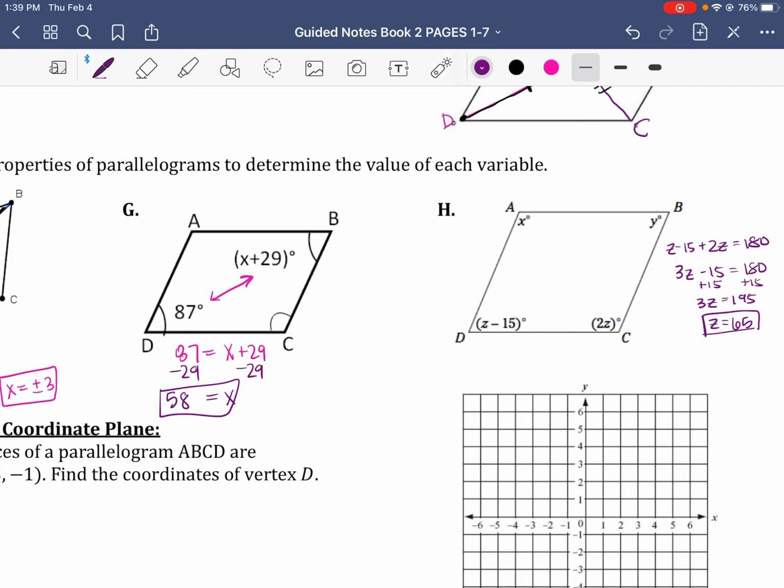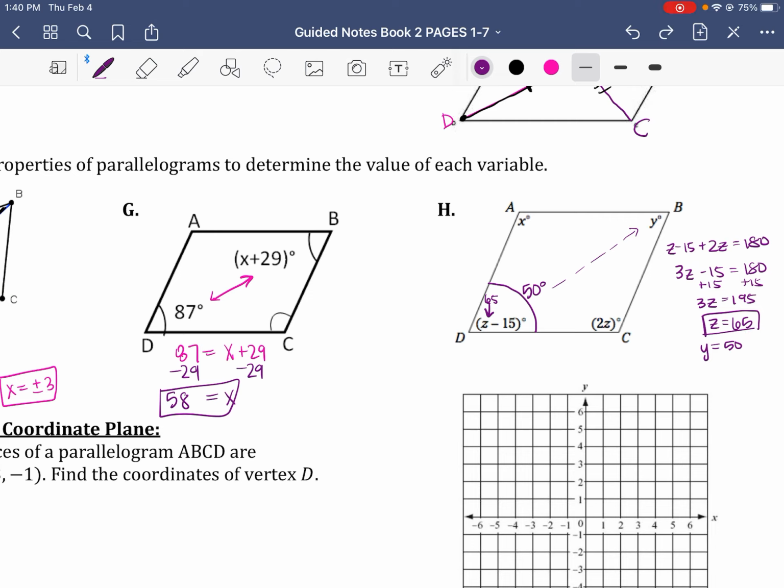Now it's very tempting to just say, okay, well, that one's 65, so then the opposite one's 65. But notice z is 65, not 65 degrees. So if I put 65 in right here, 65 minus 15, this is actually equal to 50 degrees over here. So if that's 50 degrees, then I know that this one is also 50 degrees.